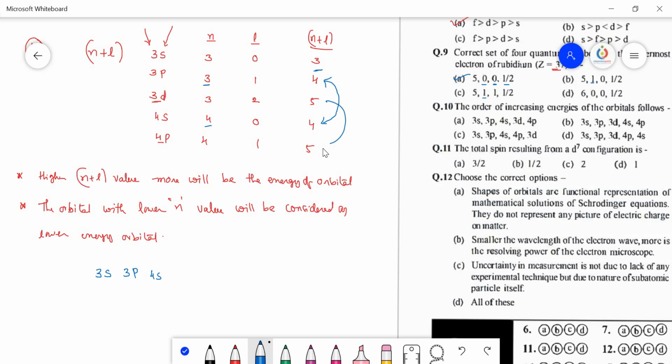Next there is a competition between 3d and 4p, both having the same n plus l value, but 3d has the lower n value, so electrons preferably enter the 3d orbital, then the 4p orbital. So this is the order of filling: 3s, 3p, 4s, 3d, 4p. Option A is correct.